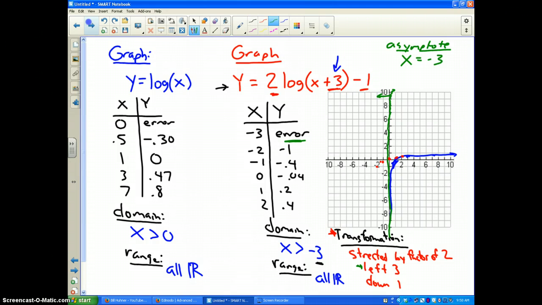That vertical line. So I'm actually going to draw that vertical line in black right here. The red graph is not going to cross that line. And I think you can kind of see that. It's going to bend, and it's going to go down like this. And then this way, it's going to go like that. So actually, our graph did shift to the left 3 and did shift down 1. And that's how you do transformations for log functions.